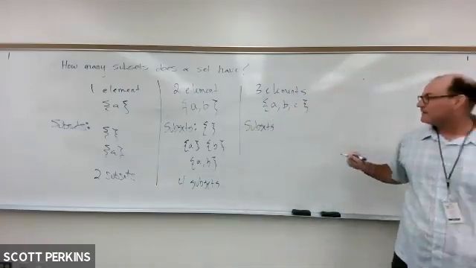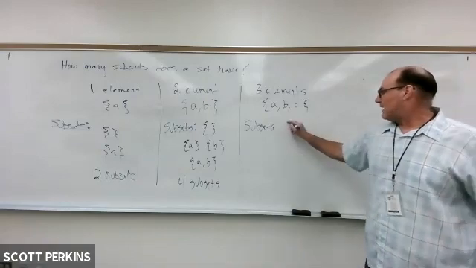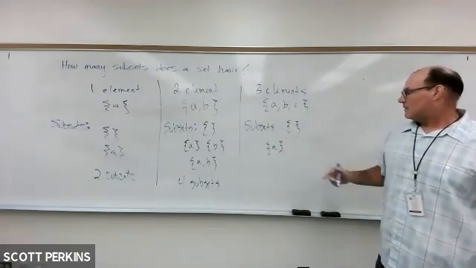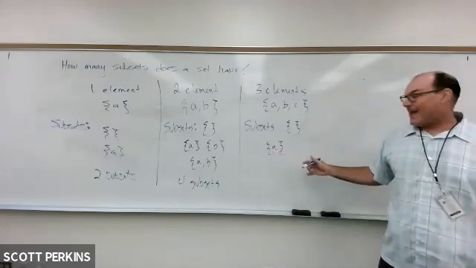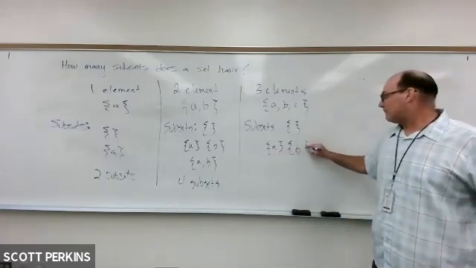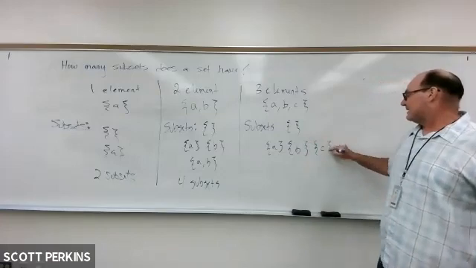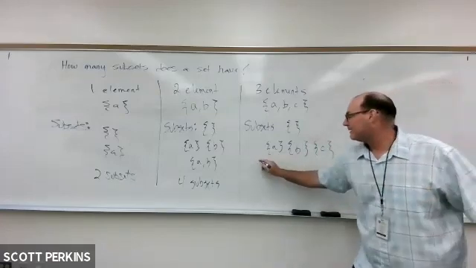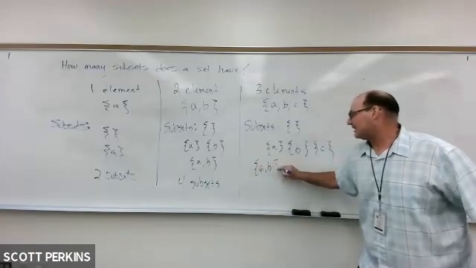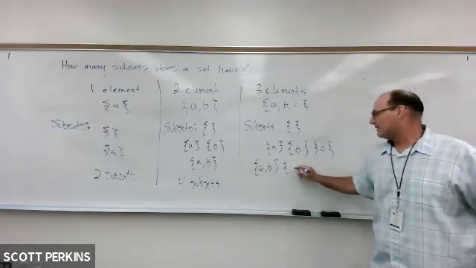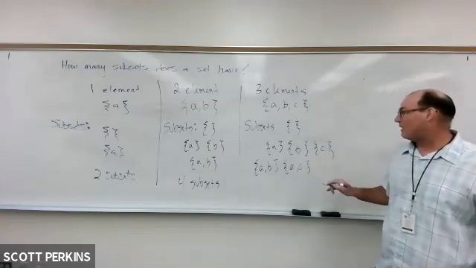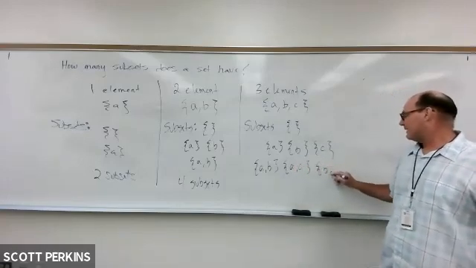Give me some. Let's do the 1 element subsets. We've got A, then we've got B, then we've got C. How about 2 element subsets? What are those going to be? AB, certainly. AC, great. And one more, BC.